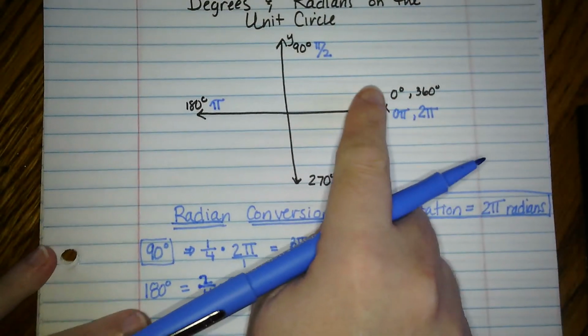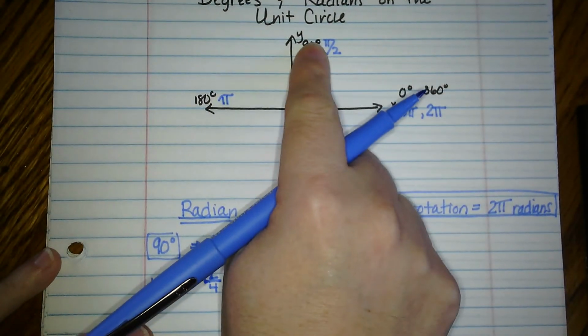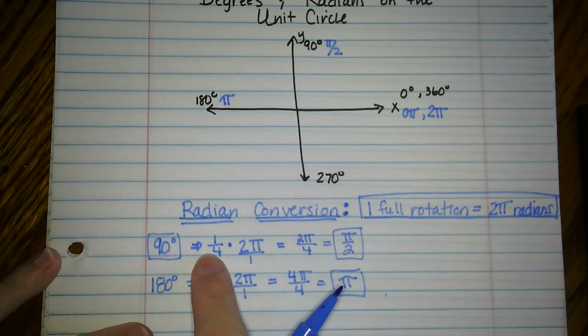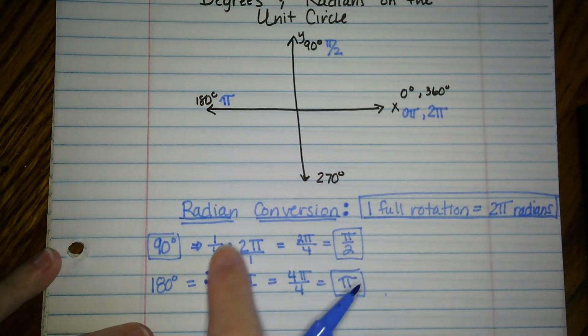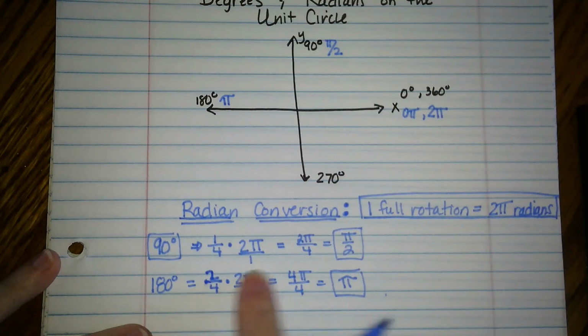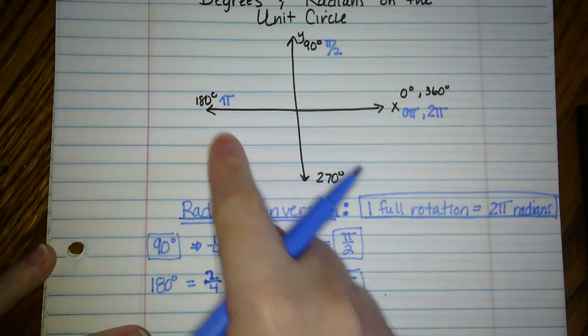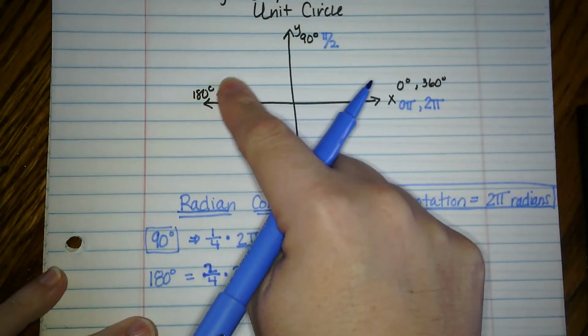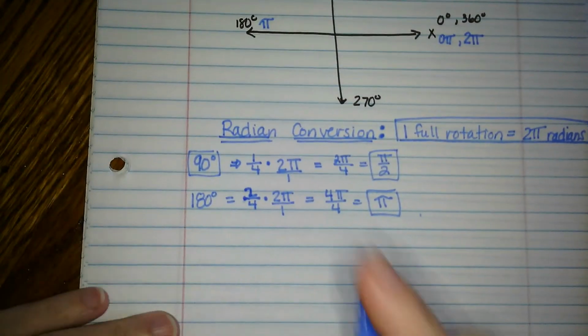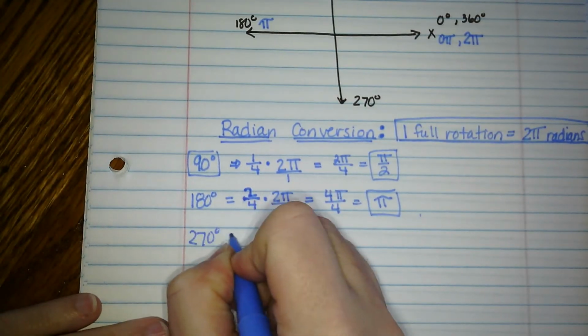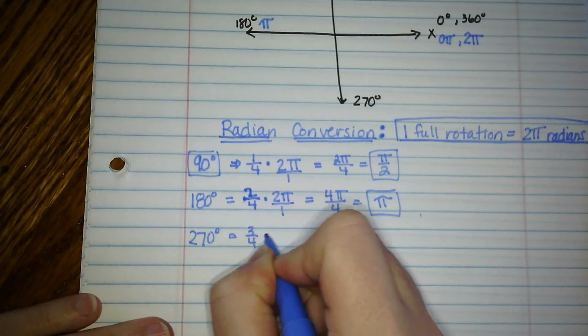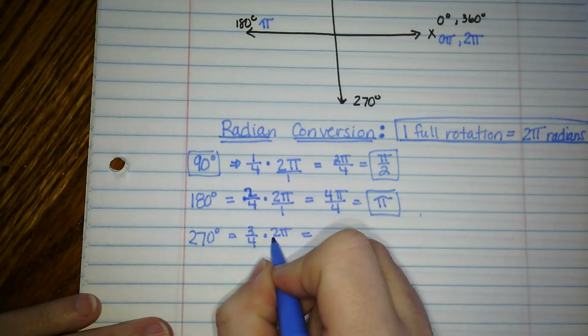Then keeping it in fourths so that you see it. So this is 1/4 of a rotation. I got pi over 2. 2/4 or 1/2 of a rotation, I got pi. Now I'm going to do 3/4, because this is 1, 2, 3 quadrants. So 3/4 of 270. Put that over 1.